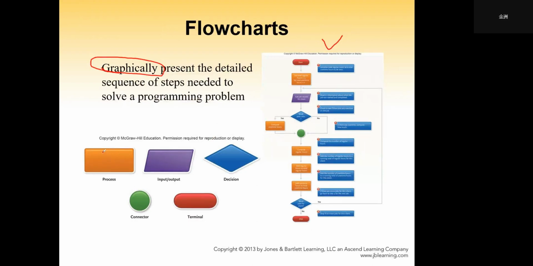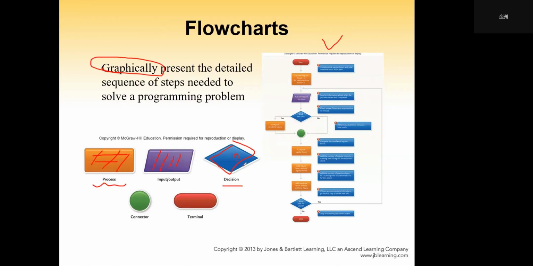For example, the orange rectangle represents a process instruction, while this purple one is the input or output. While this diamond one represents the decision, that is, yes or no.